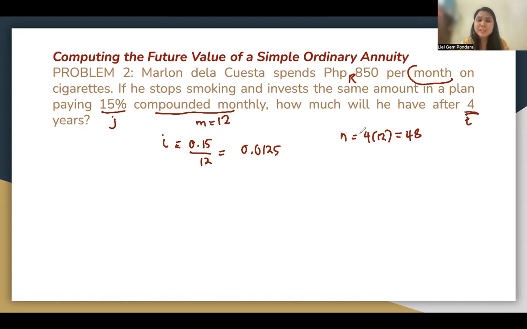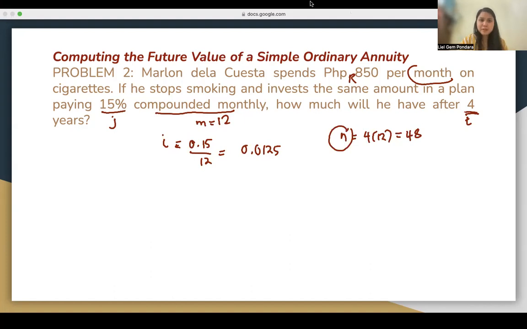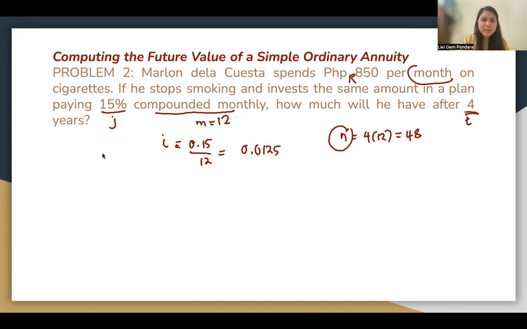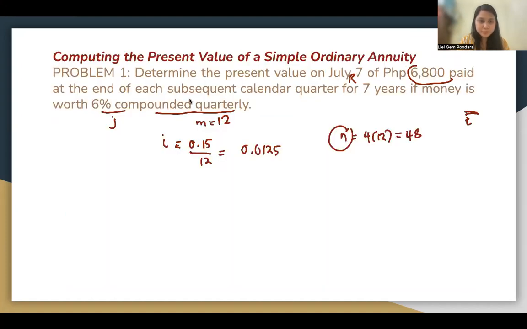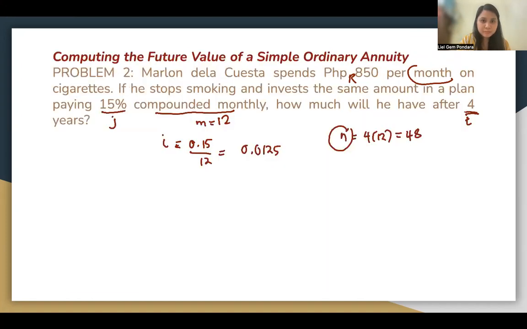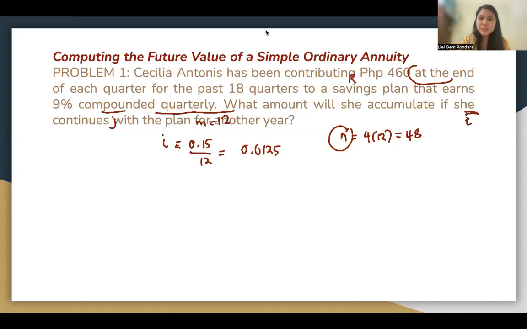Yes, because remember, N is telling us how many payments there are in all. In the previous problem, it says you've been paying for 18 quarters and you'll pay for another year.